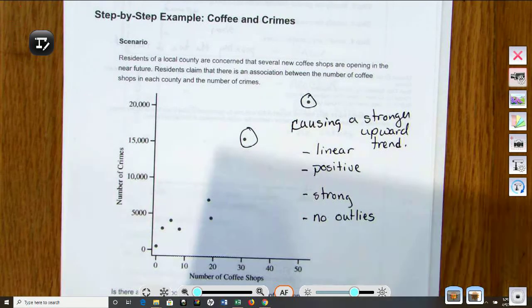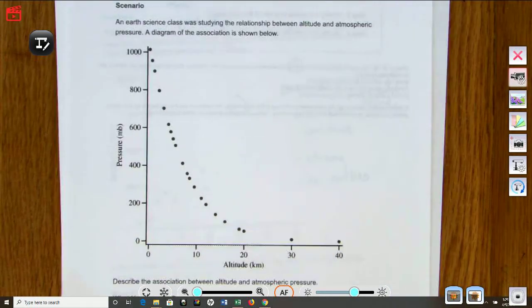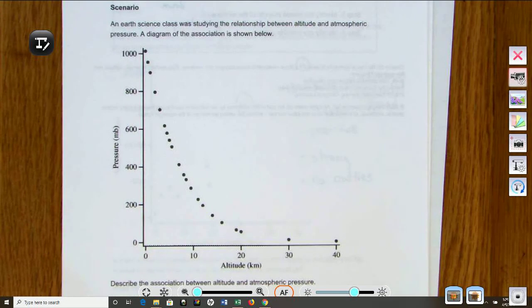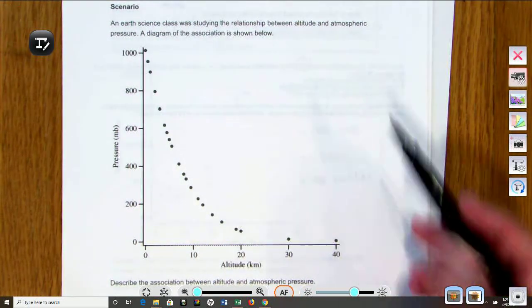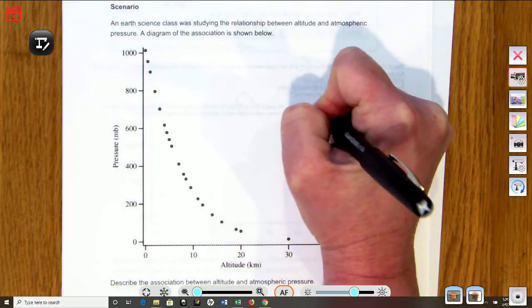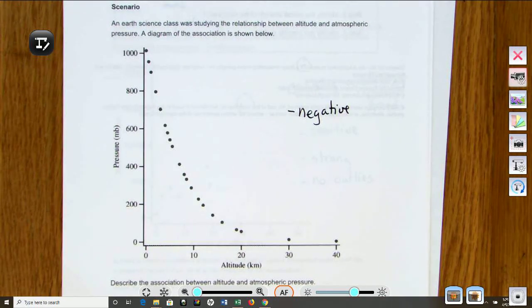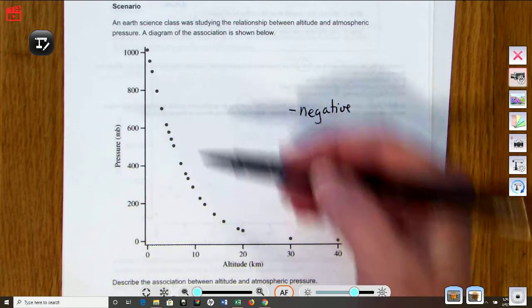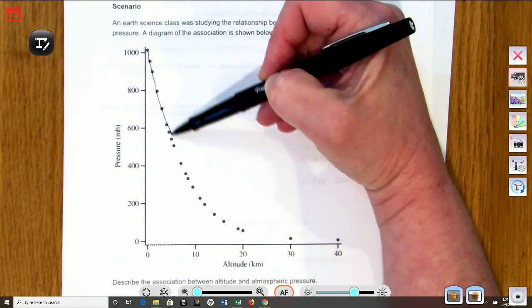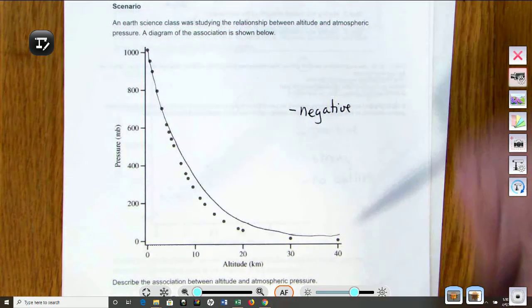Okay, a couple more. If we look at this guy, again, I see a downward trend, so I see that negative strength. However, I don't really see a straight line because it seems to curve.